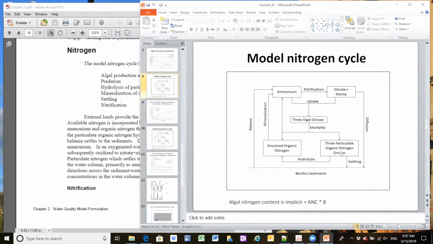Now, let's just wade into the weeds there. The decay rates in the water column can be different than the decay rates in the sediment, okay? But on the whole, order of magnitude, they're similar.